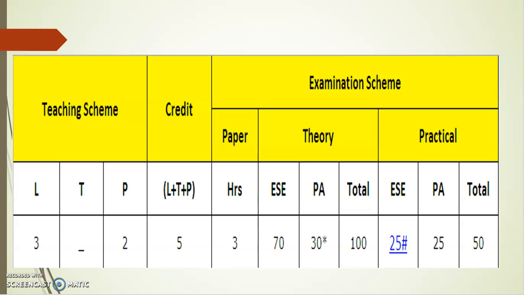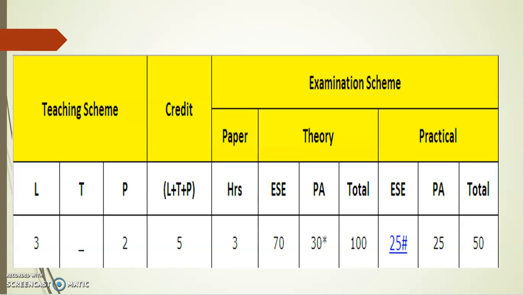The average of both will be converted to 20 marks, and the remaining 10 marks will be for the micro project of the Elements of Electronics subject. So this total will be 30 marks theory PA. So the total of the theory exam will be 70 plus 30, that is 100 marks.